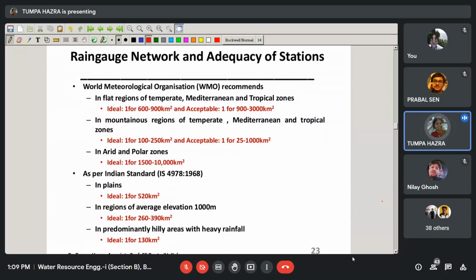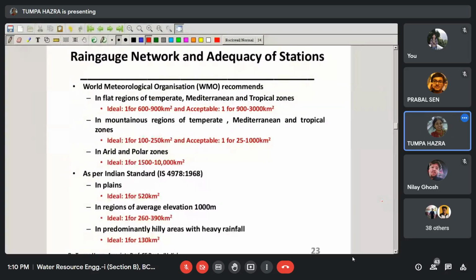Now the question is how many rain gauges you will install, because you can understand that the areal extent of a rain gauge station is very small, only 12.7 centimeter, but it represents the rainfall for a very large areal extent.